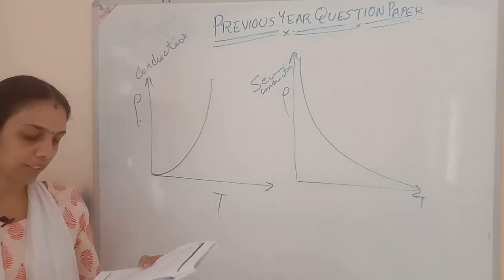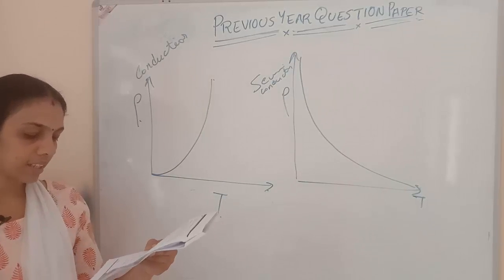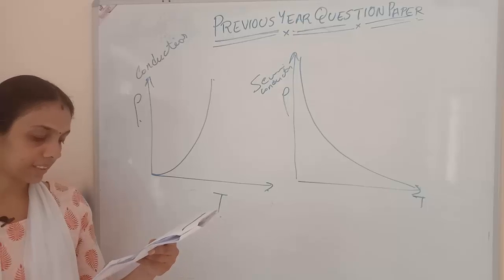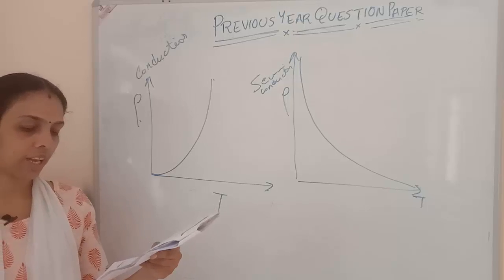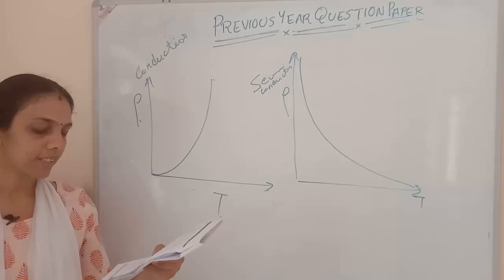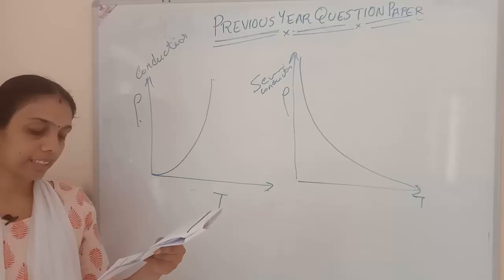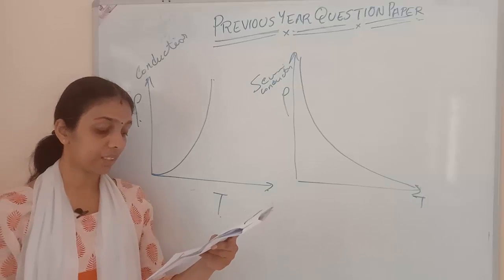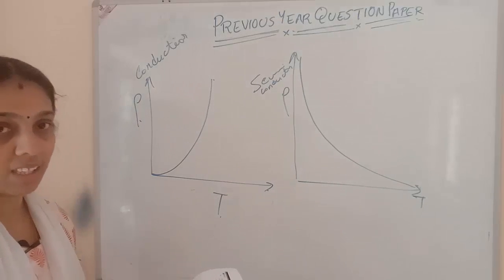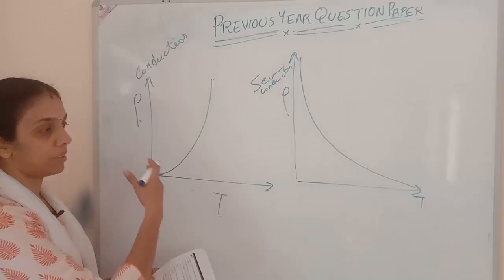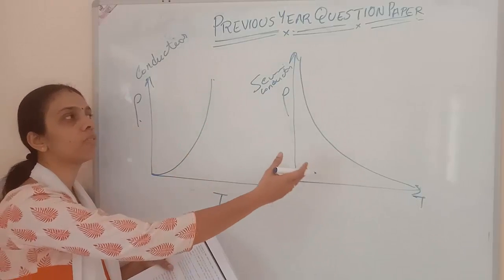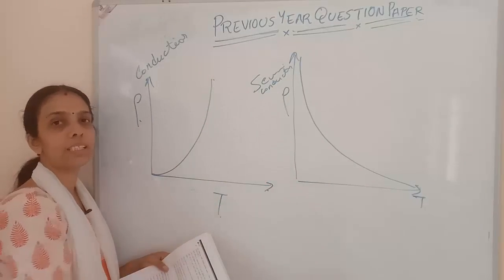Using the expression of resistivity in terms of number density and relaxation time between collisions, explain how resistivity in the case of a conductor increases while it decreases in a semiconductor with the rise of temperature. They are telling us that as temperature increases, in the case of a semiconductor resistivity decreases.